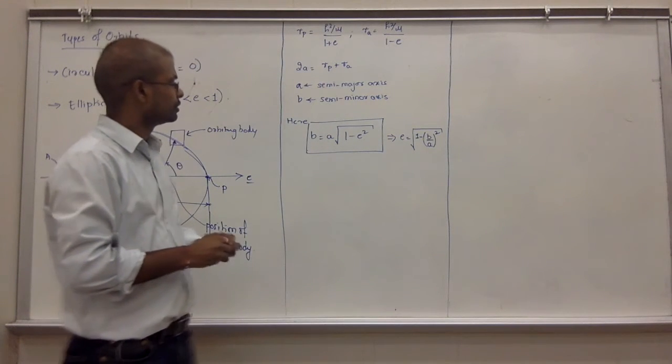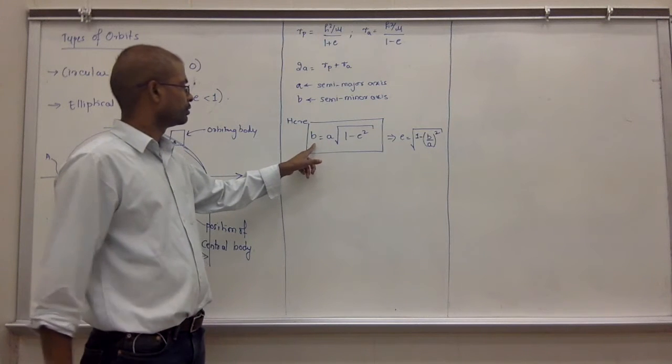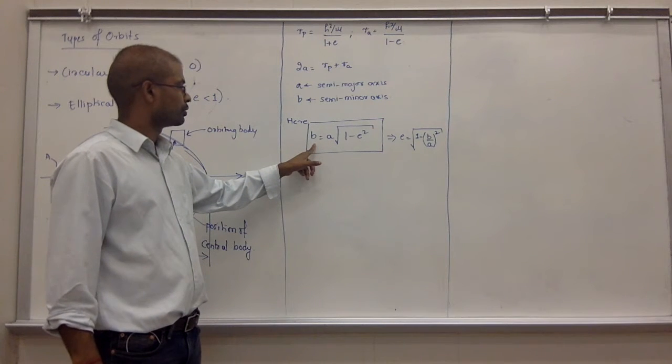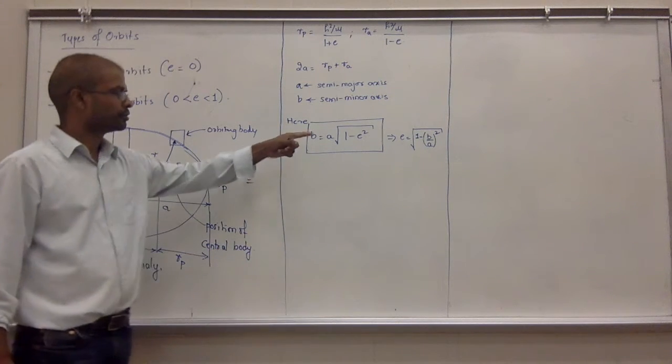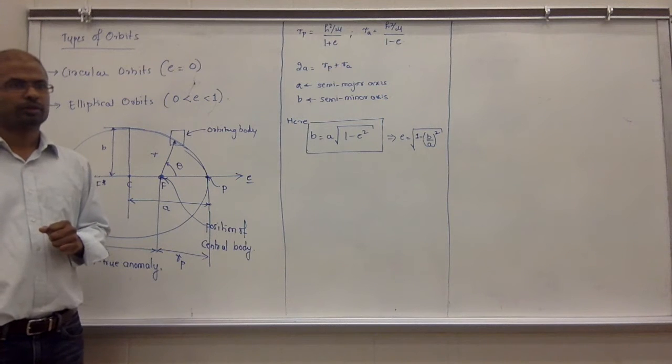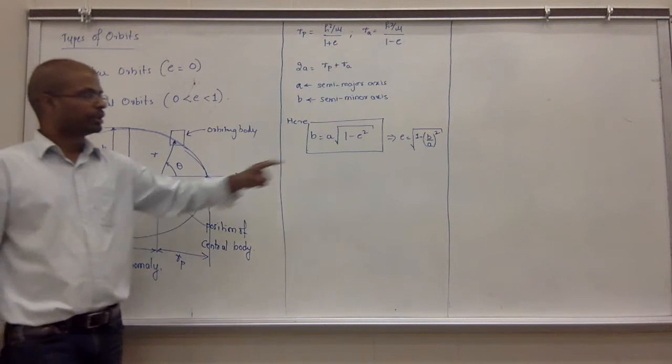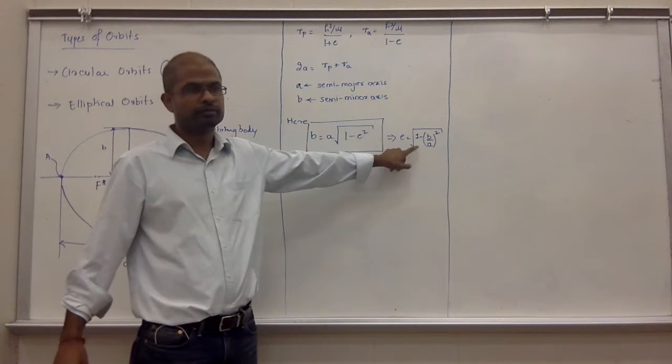Is that correct? You have B over A squared. Yeah, so it is. You said the ratio of what? This is how you define eccentricity.